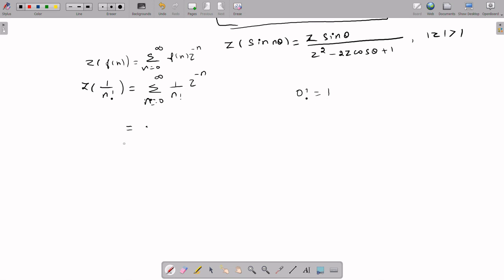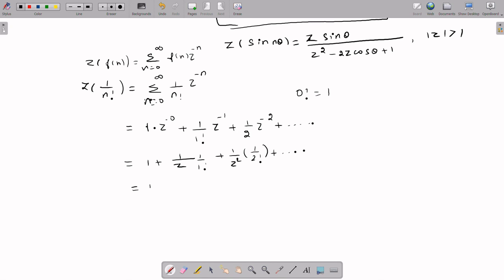So 1 into Z power 0, which is also 1, plus n is equal to 1, 1 by 1 factorial Z power minus 1, plus 1 by 2 factorial Z power minus 2, plus etc. So which is equal to 1 plus 1 by 1 factorial into 1 by Z plus 1 by 2 factorial into 1 by Z squared plus etc.